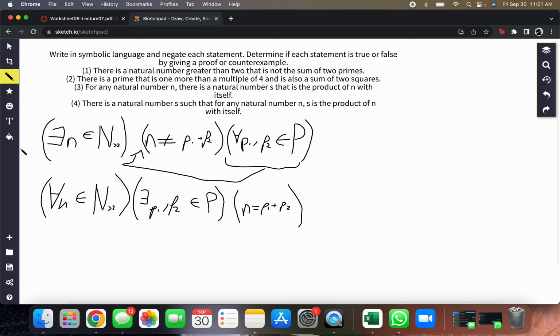Okay, so now let's try to assess the truth value of this statement. So this statement is saying that there's some natural number that you can't add any primes together to make. And this is true. And the way you could prove this is you only need to find one example.